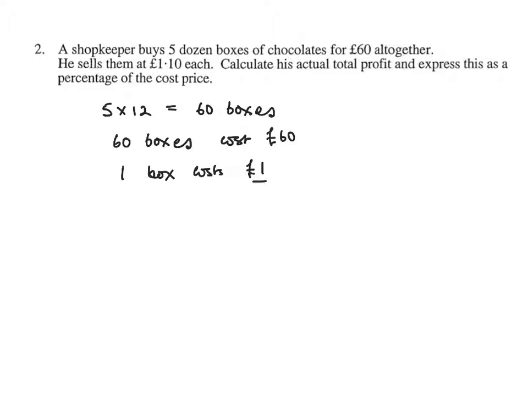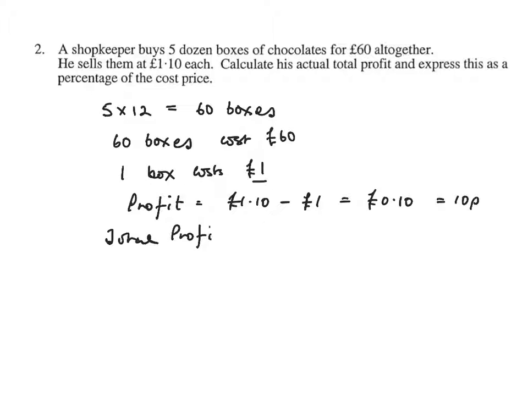He sells them at £1.10 each, so the profit is £1.10 minus £1, and that's 0.1 pounds, 10 pence. The actual total profit now, he has 60 boxes, so it's 60 times 10 pence, which is 600 pence, or £6.